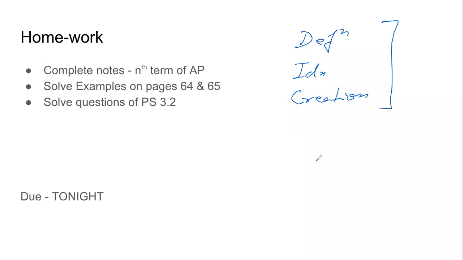We practiced a lot more in this class, and then we studied about the nth term. If we know this, we will be able to solve the examples on pages 64 and 65. And we have already solved question number 1, question number 2, and question number 3 of practice set 3.2. Try to solve the remaining questions also.